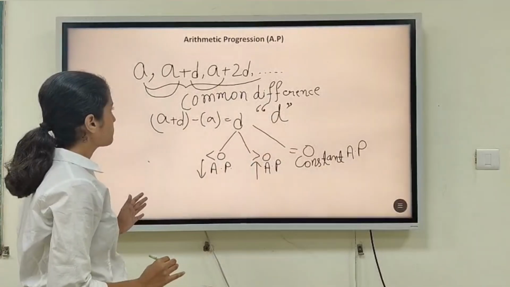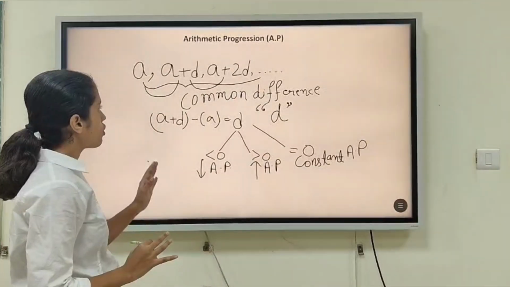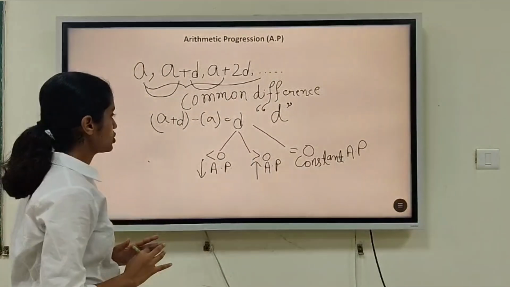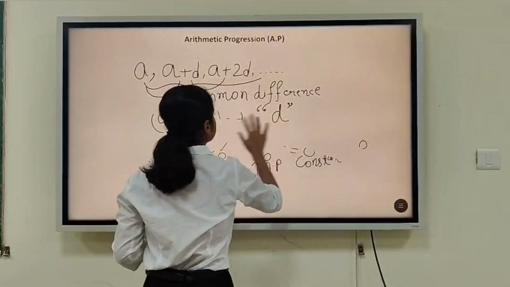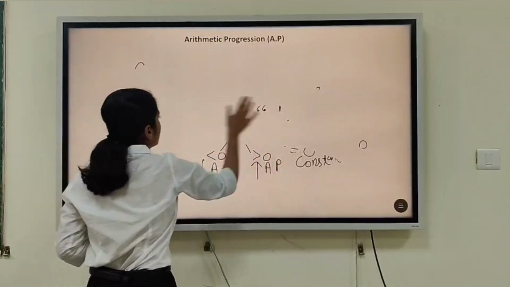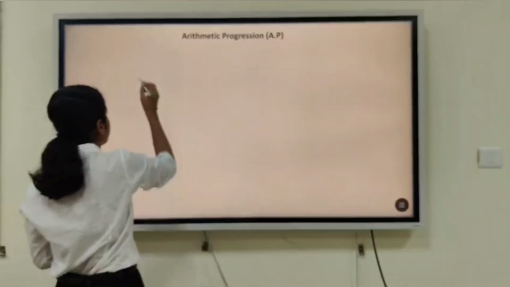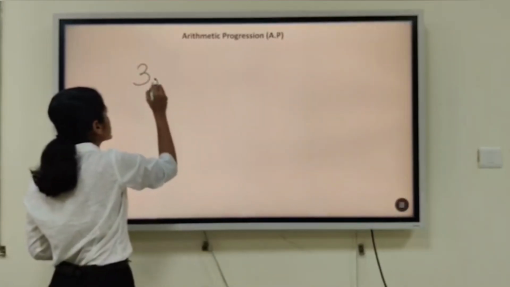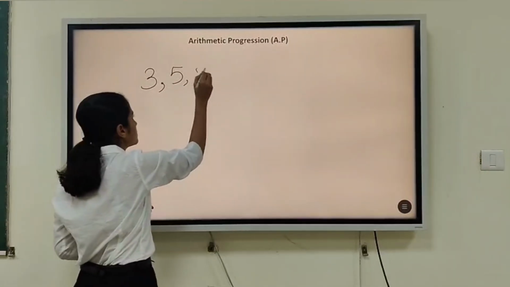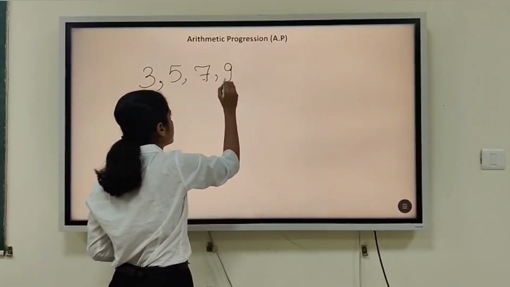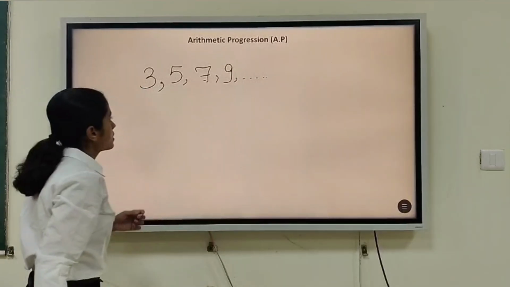Now we will see some of the formulas of arithmetic progression. Let's suppose I am giving you a sequence which is in AP and looks like this: 3, 5, 7, 9 and so on.